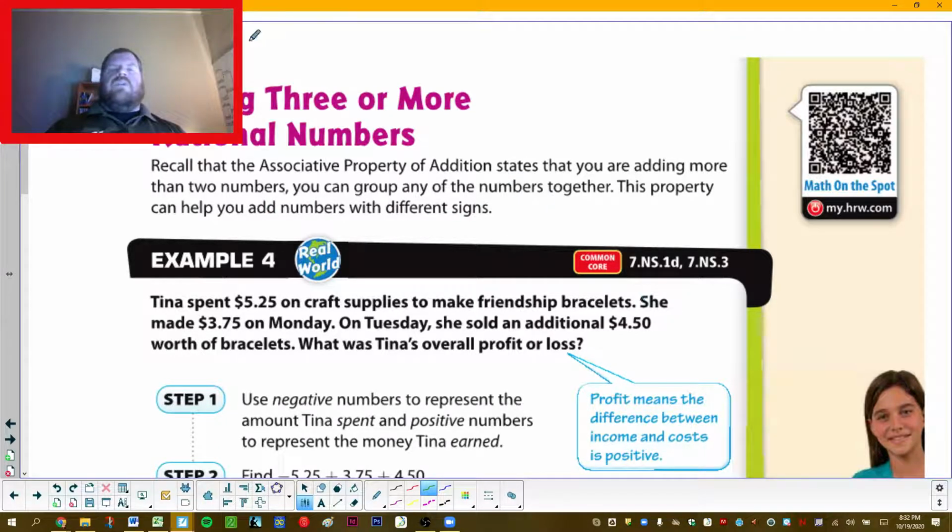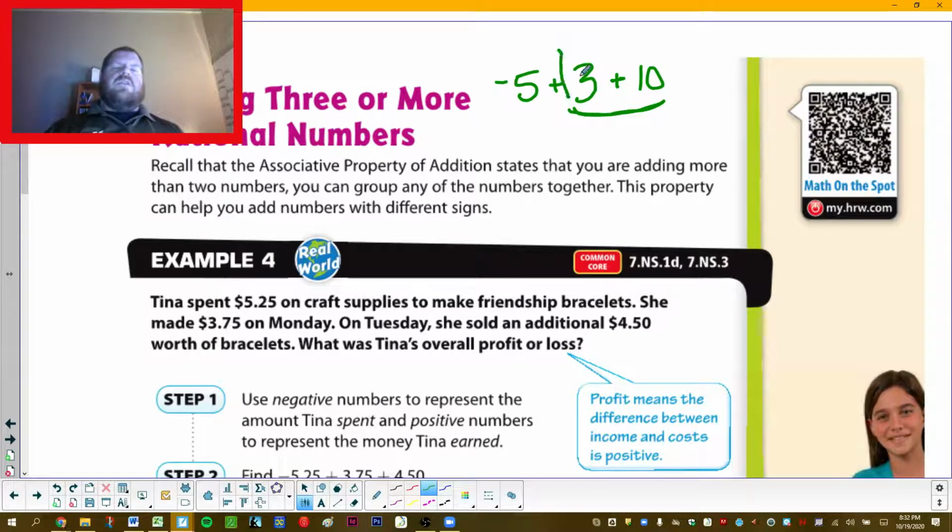Okay, so here we're talking about, I have negative 5 plus 3. I don't want parentheses on that. So plus 3 plus 10. Maybe I want to deal with the 3 and the 10 first.